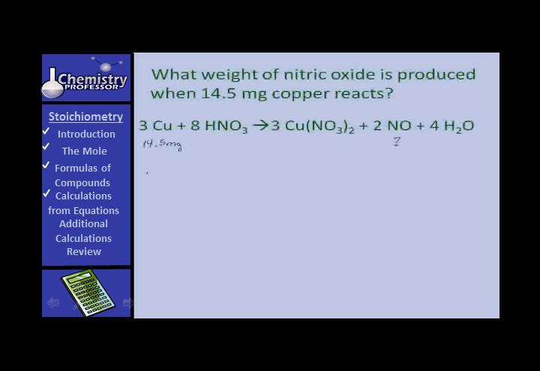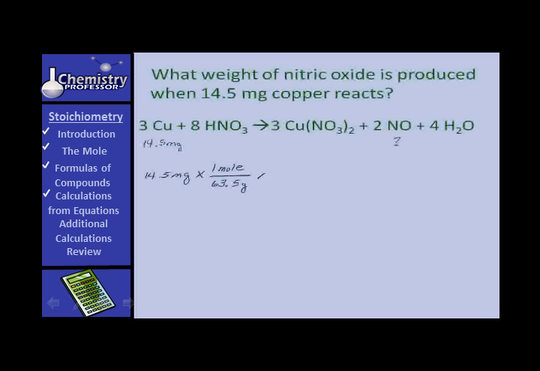Now let's start with 14.5 milligrams. Yes, if you wish, you can start and convert those milligrams to grams. But if you don't mind, I'm going to leave them at milligrams, and I want to show you something. Times 1 mole. We're talking about copper, and the gram atomic weight of copper is about 63.5 grams per mole.